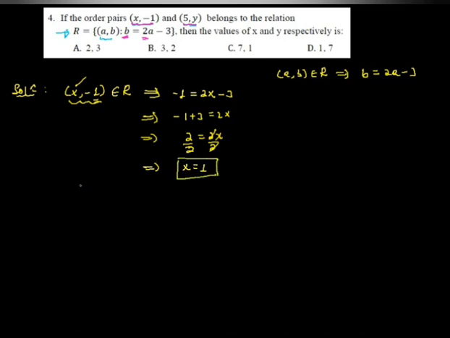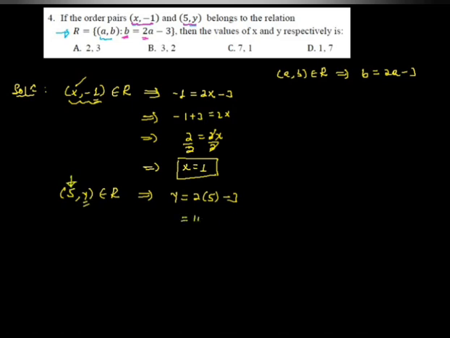Again, we have 5, y is a member of R. It belongs to R, which means the second entry y should be 2 times the first entry minus 3.